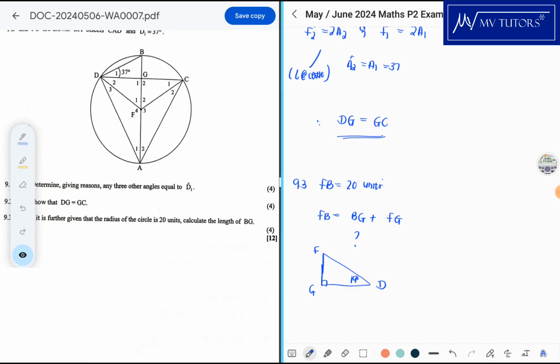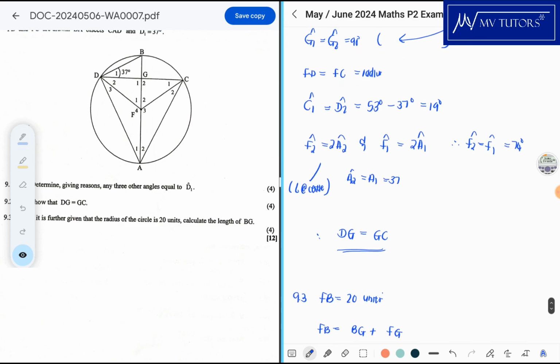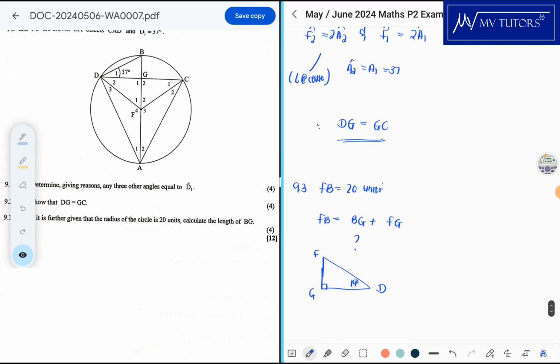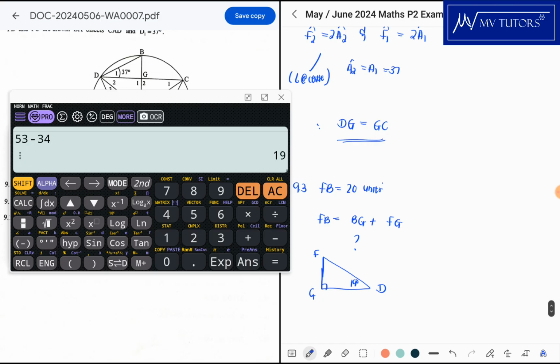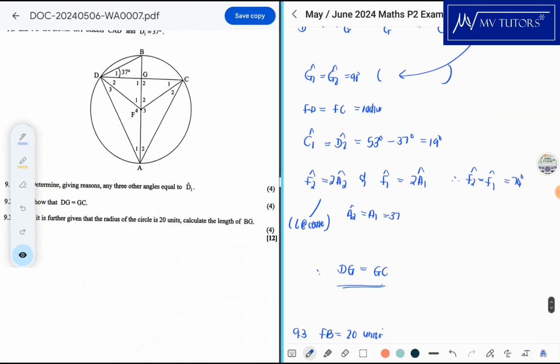No, that can't be. If F1 is 74, then D2 cannot be 19. Okay, I did something incorrect there. So, no, that's 71. No way. So it means the previous question that I did, something is wrong there.